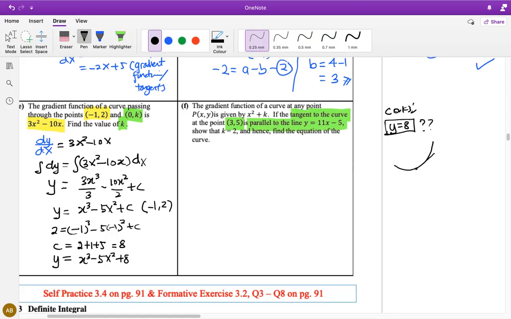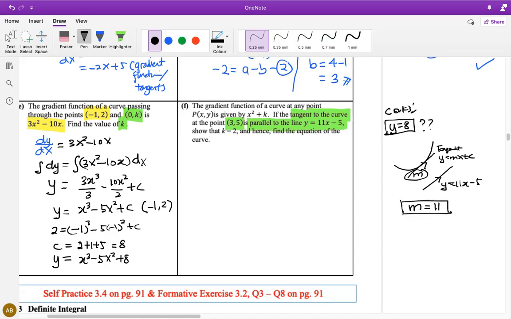So this is a tangent, and this tangent is y equals to mx plus c. So the gradient here, the most important is the m, is parallel to y equals to 11x minus 5. Okay, so meaning here, you know that m is 11.